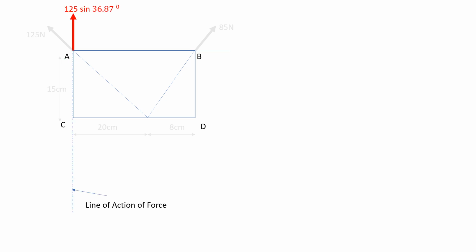Now consider this force; it also passes through point A, and its moment about point A will be equal to 0.